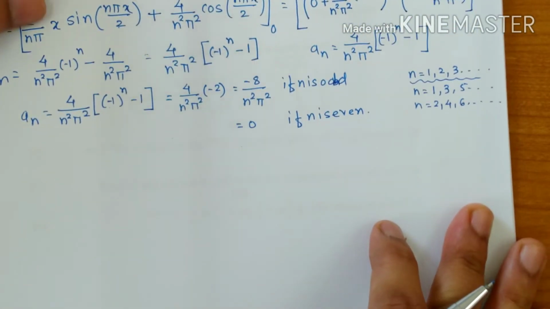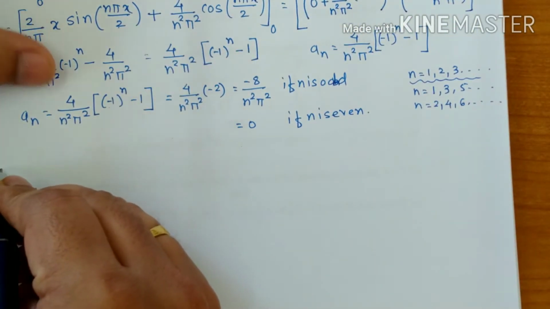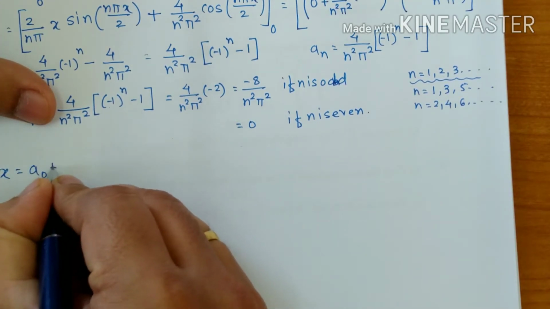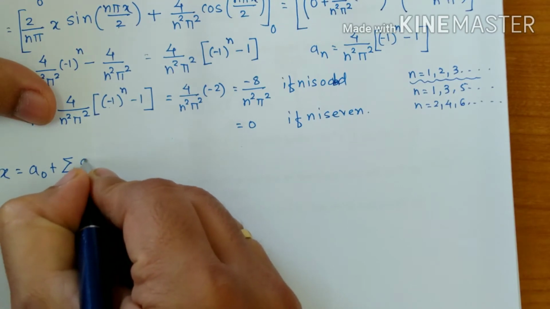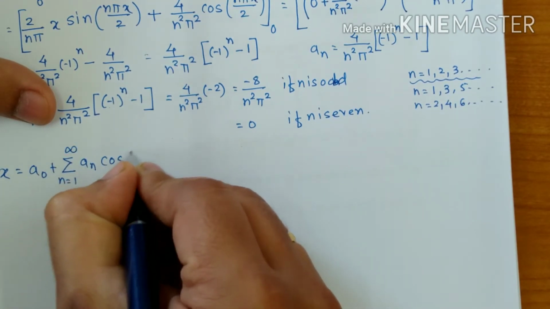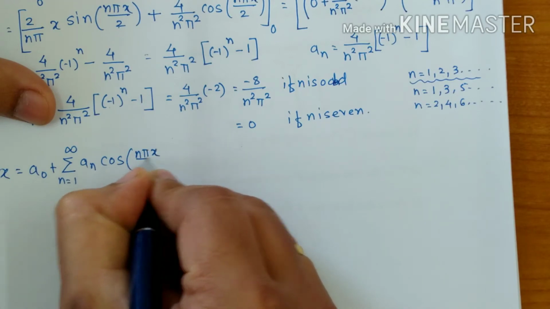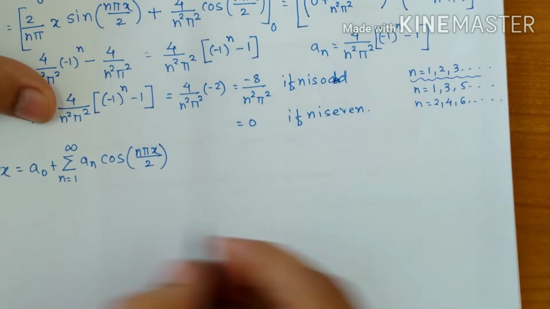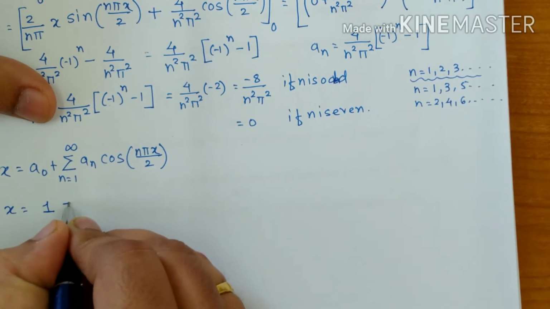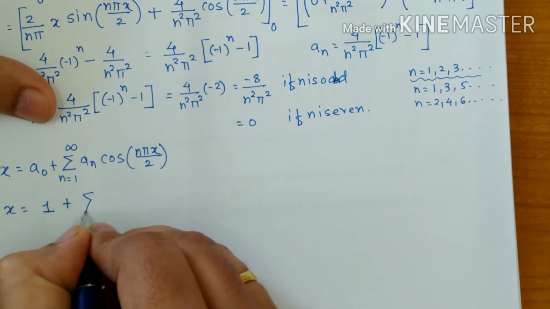Now the half range cosine series of the given function x is equal to a naught plus summation a n, n runs from 1 to infinity, cos n pi x upon 2, can be expressed as 1 plus summation.